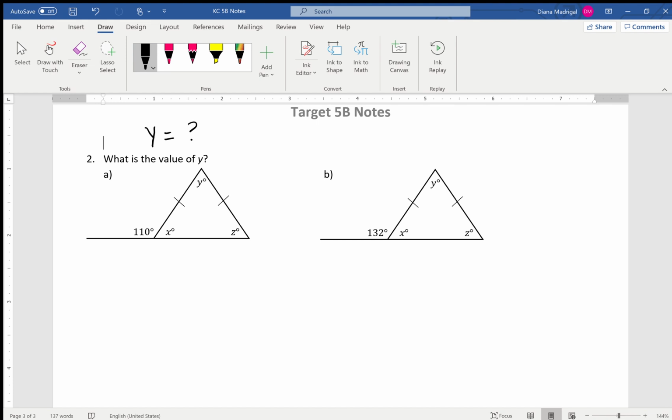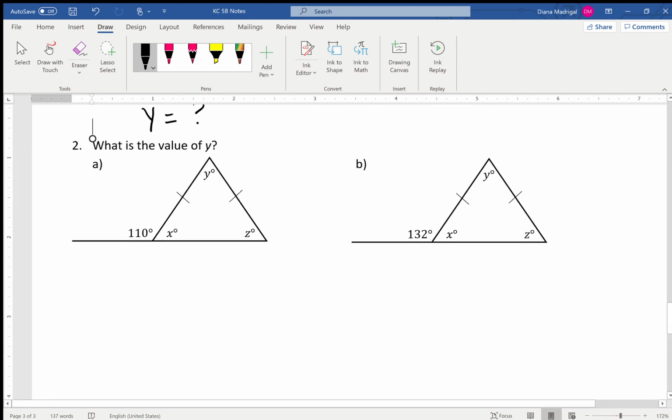Let's look at what they give us so far. They gave us a triangle, but only one. I noticed that in the triangle I have these little dashes. Those dashes tell you that this side is equal to this side.